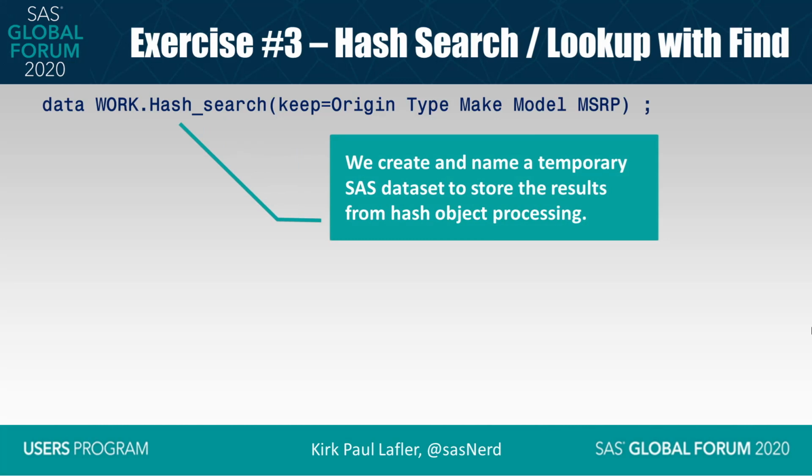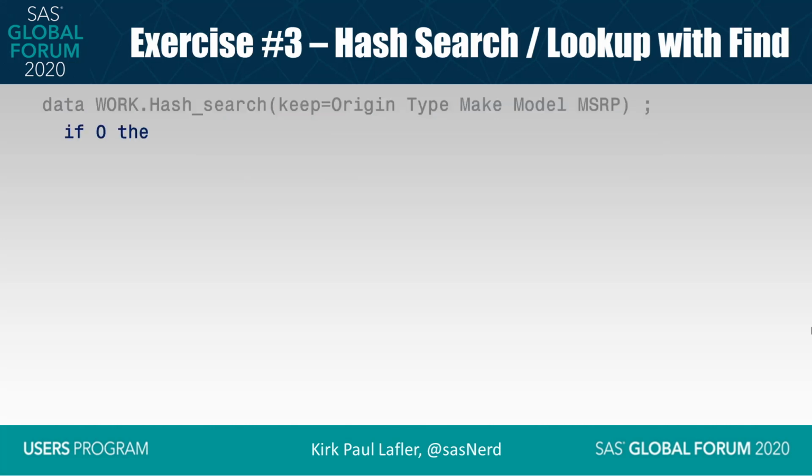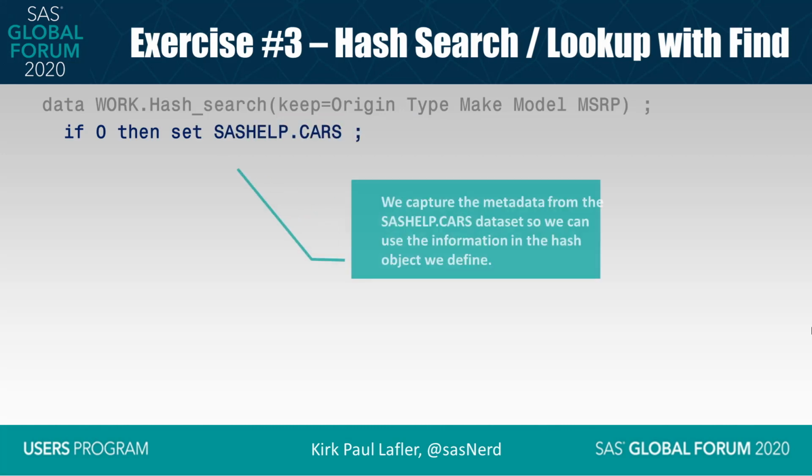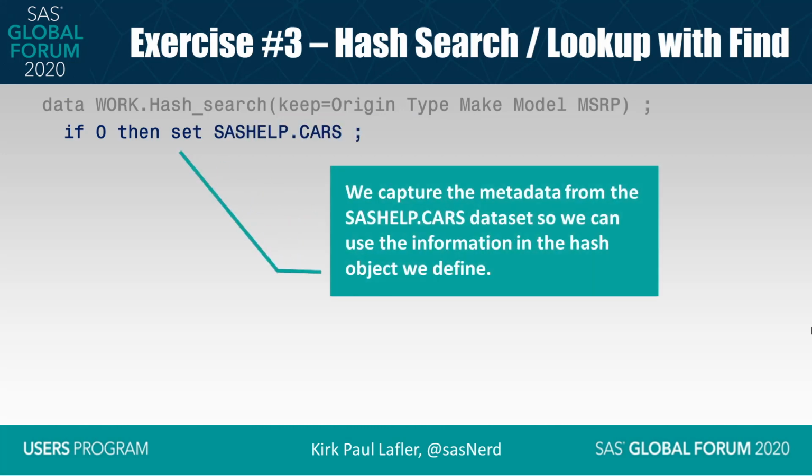So in this first statement, the data statement, we're going to initiate, create and name a temporary SAS dataset to store the results from our hash object processing. And just to keep the resources down, we're going to use the keep equals dataset option as well, just to list out origin, type, make, model, and MSRP.